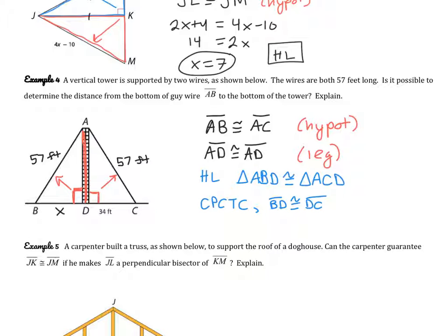They are the corresponding sides of the two triangles. So that means that this length is also 34 feet. So there you go. It asks to determine the distance from the bottom of the guy wire to the tower, and we found it using hypotenuse, leg triangle congruence, and then CPCTC.